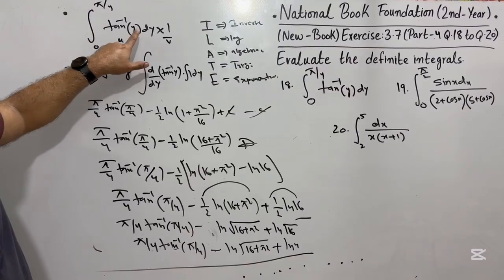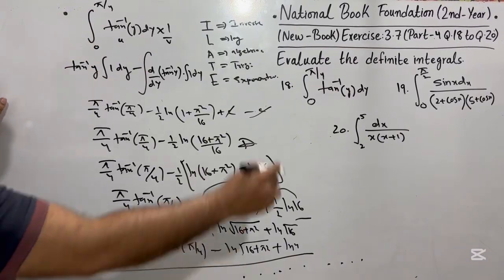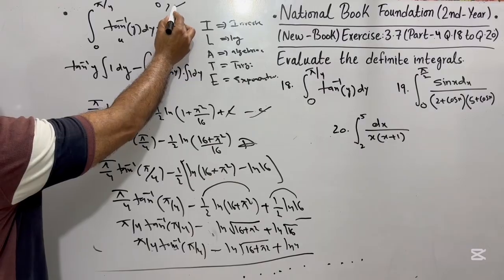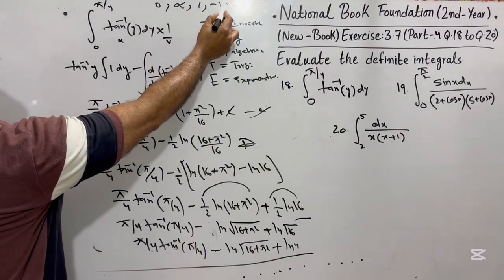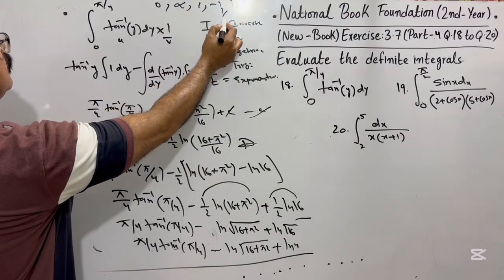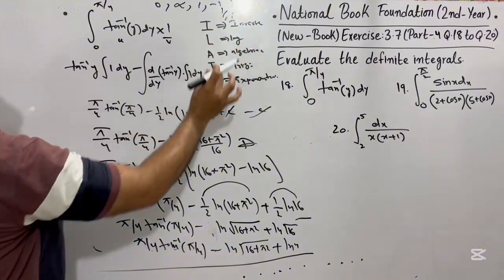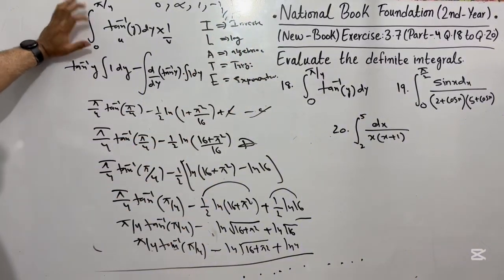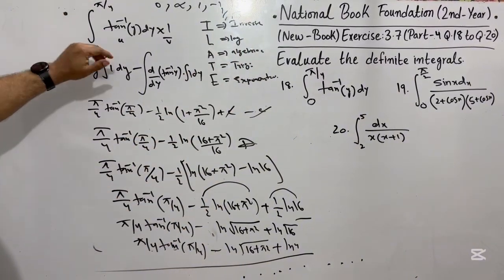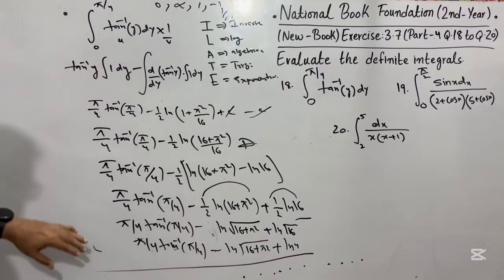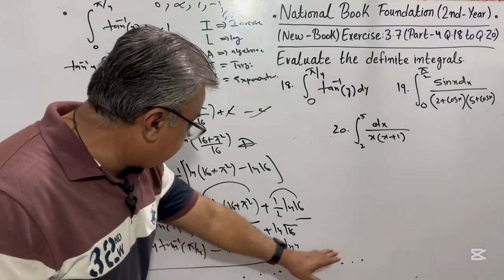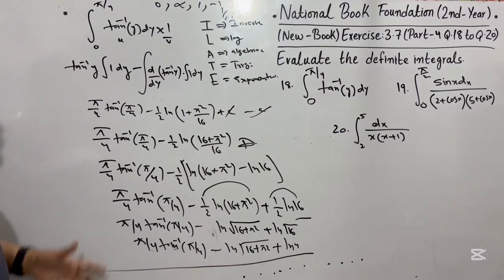The standard values for tan are 0, undefined, 1, minus 1, root 3, 1 over root 3. They must be given in this limit, or accidentally they have given pi upon 4. It's a letter matter. They will rectify their mistake, and I have pointed it out.